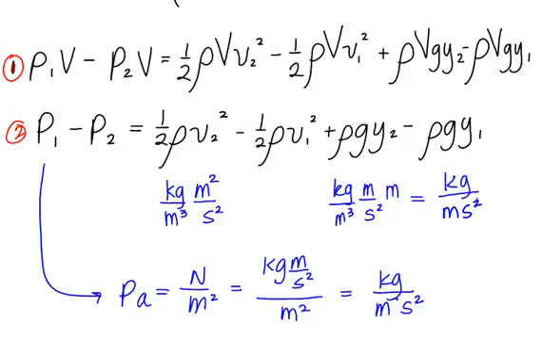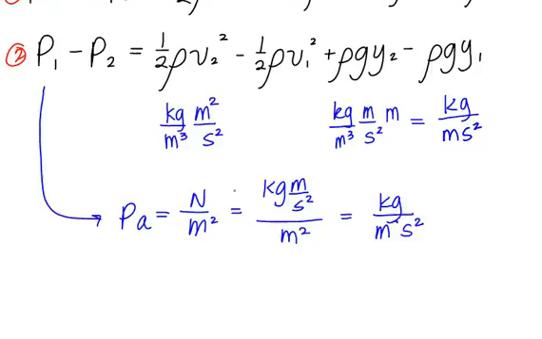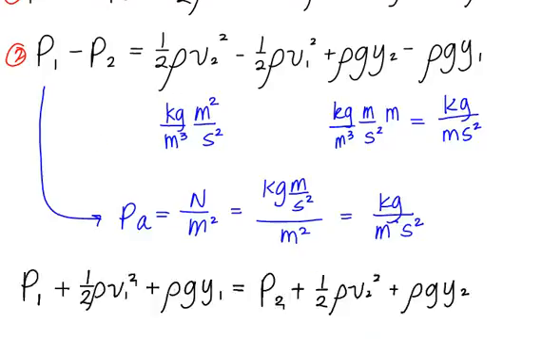The difference in the pressure is going to cause a difference in speed and or height. It's going to cause a change in energy. Now let's rearrange this equation, and let's put all of our conditions for position 1 together and all of our conditions for position 2 together.